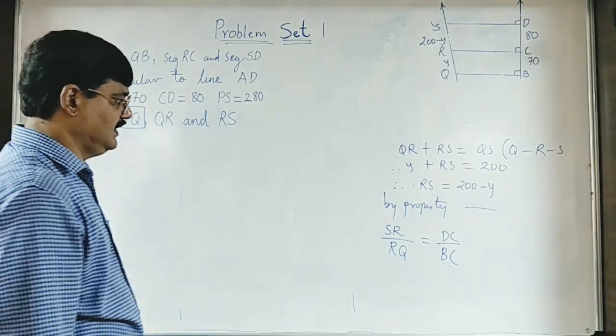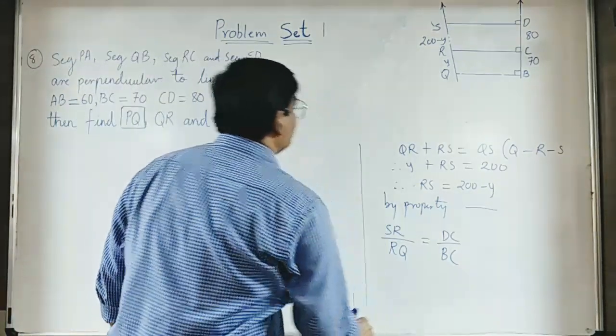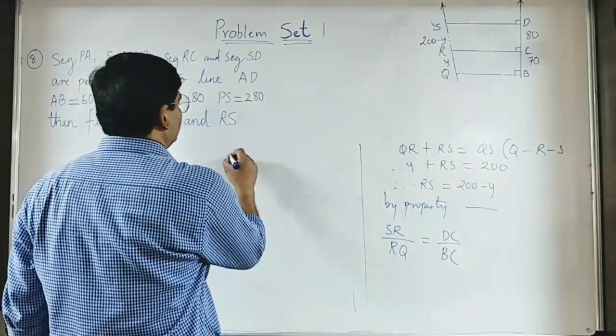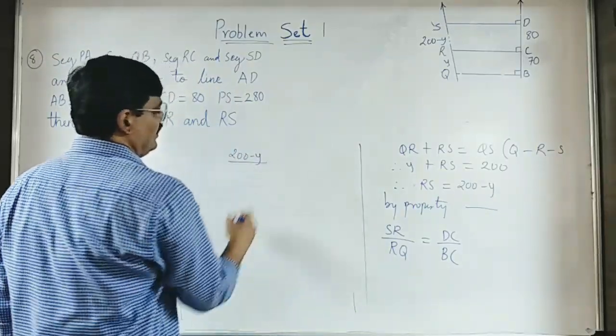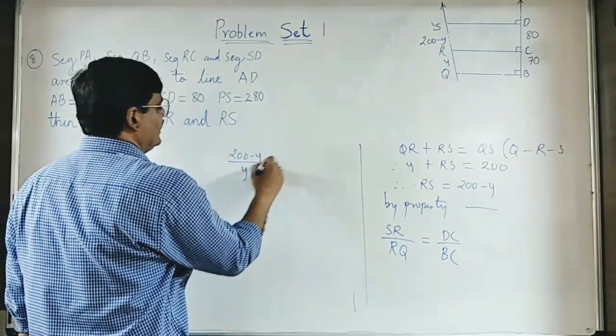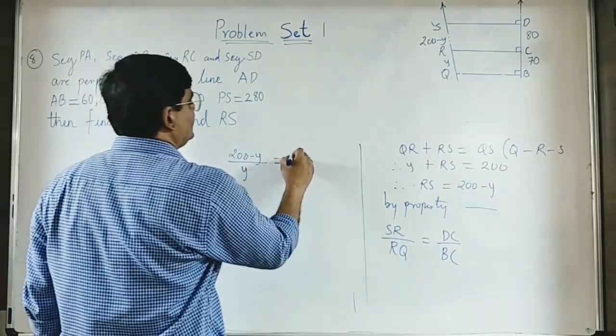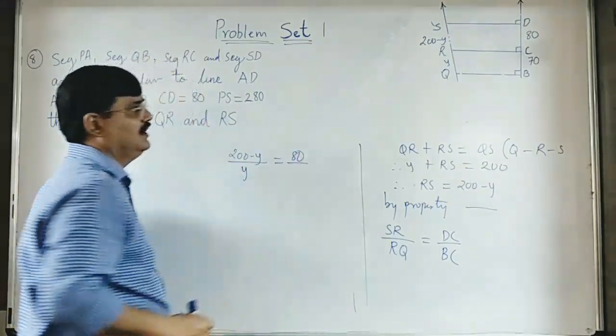Here the value of SR we have kept is 200 minus y, upon the value of RQ, which we kept as y, is equal to 80 upon CB.